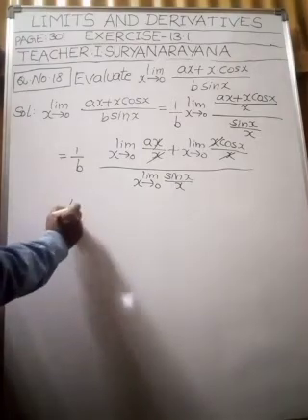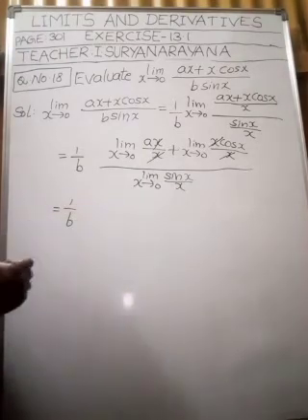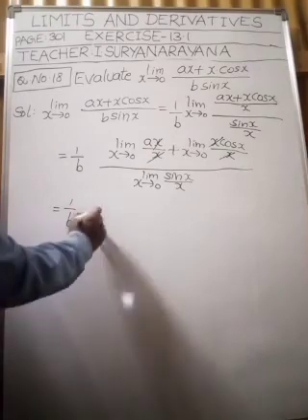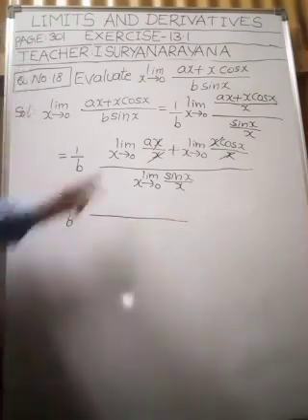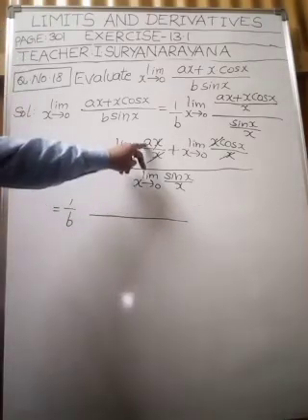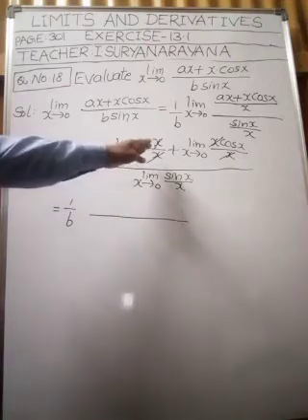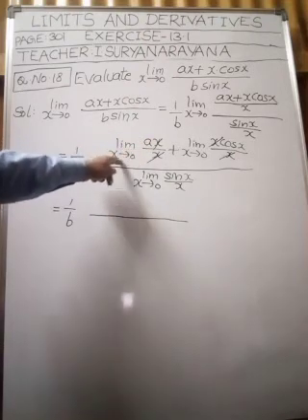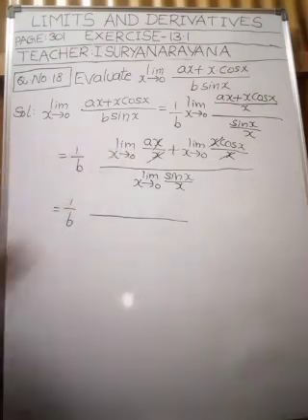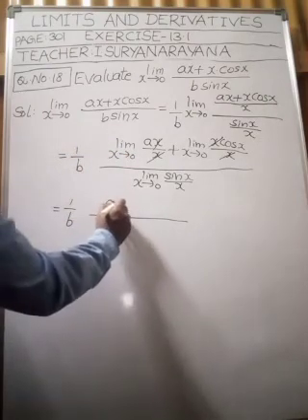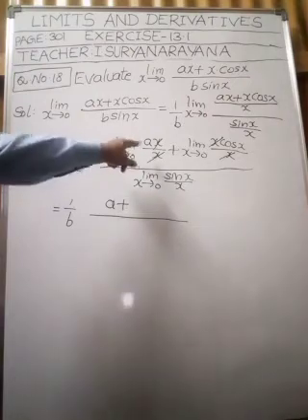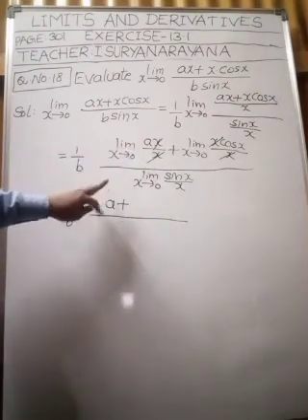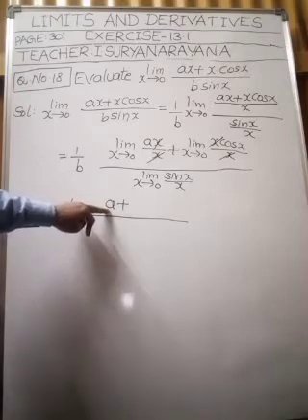That is equal to 1 by b into, as x tends to 0, limit of a. Is there an x? No. So we need not substitute x is equal to 0, it is a only. This is a constant function. So the limit of a constant function is always that constant only. Understood this term, my dear children, the first term?